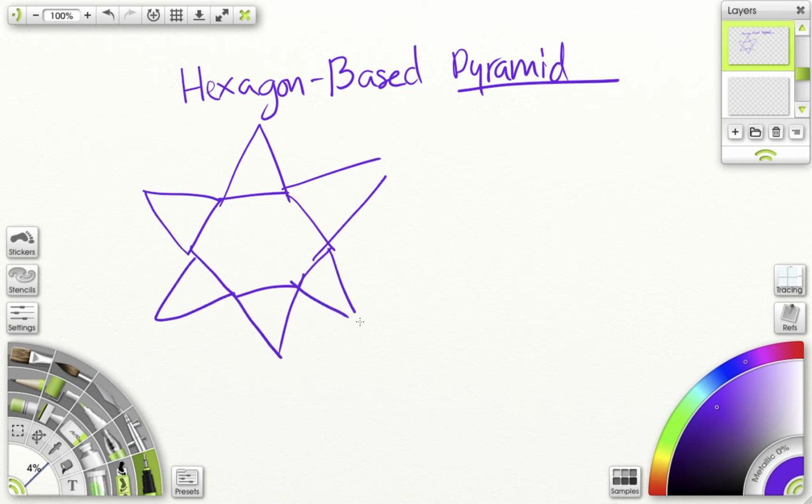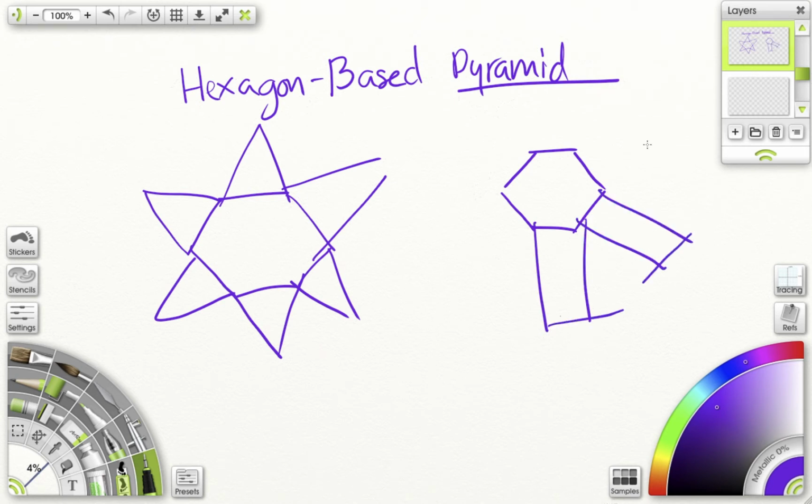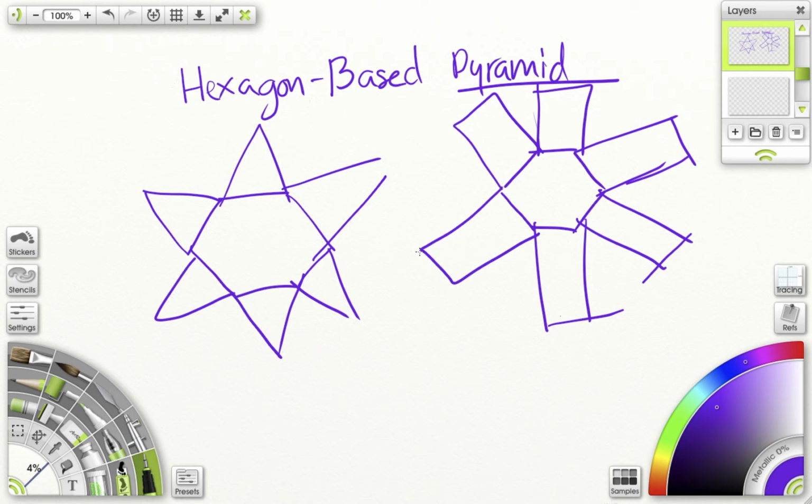So I have this one, I have this one as well. And here are my two nets.